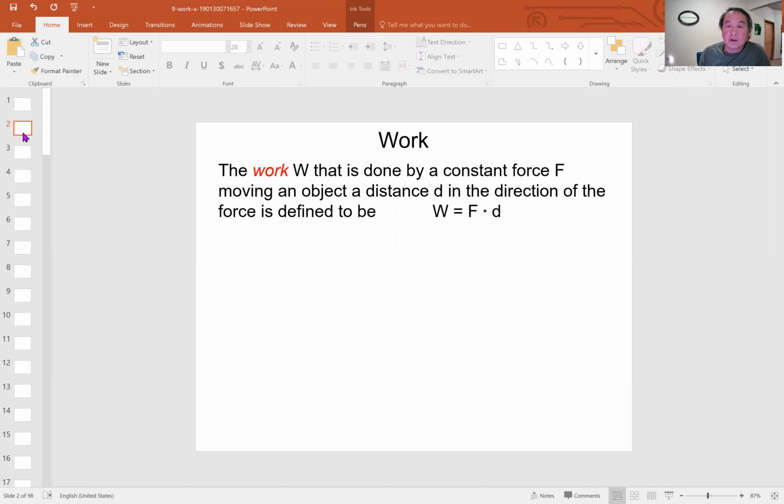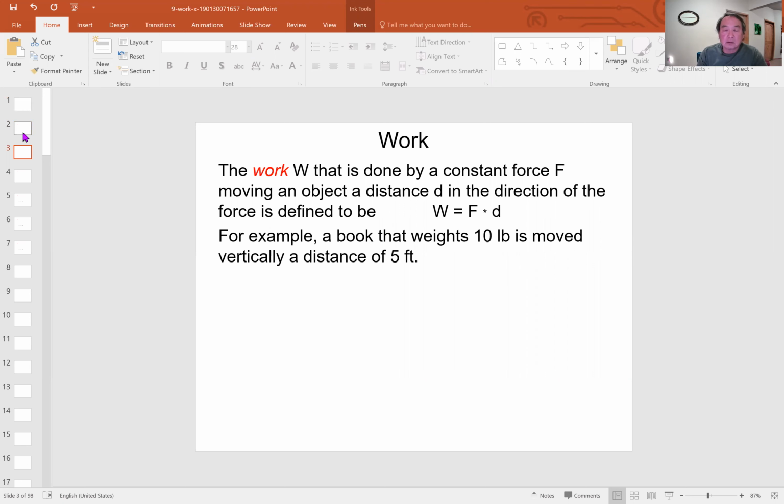We define work as force times the distance it travels, and one of the easiest ways to think about force is gravitational force. Like the weight of a book.